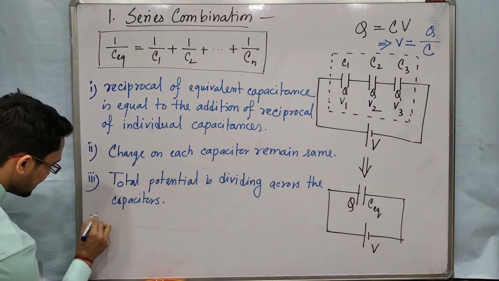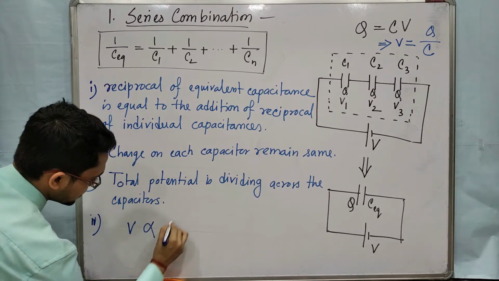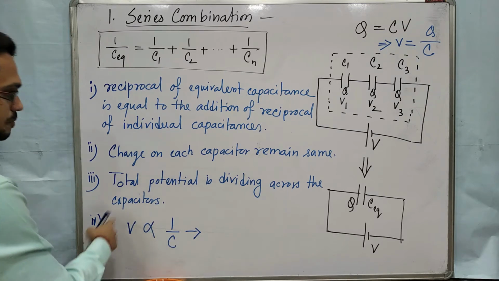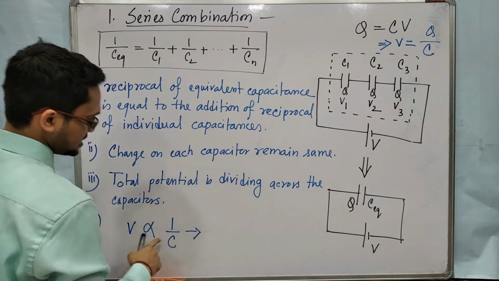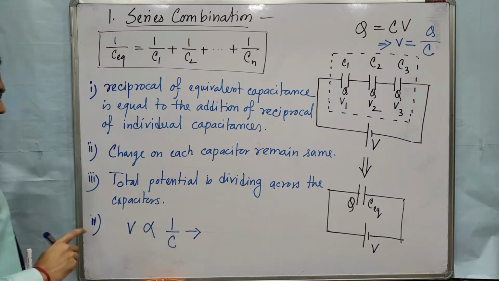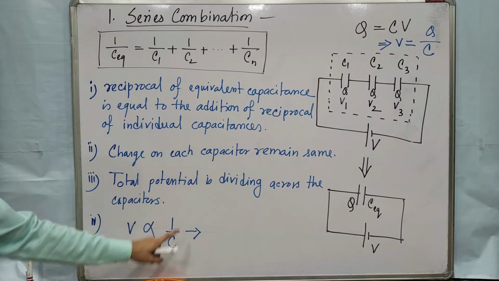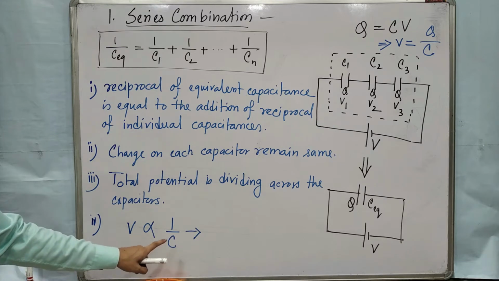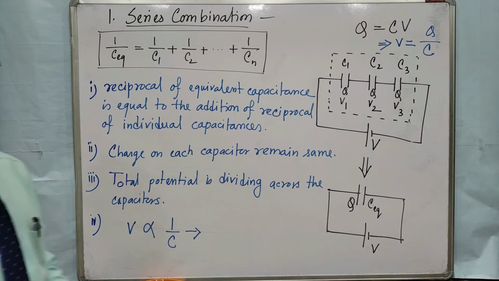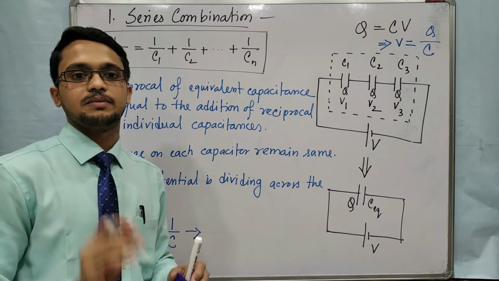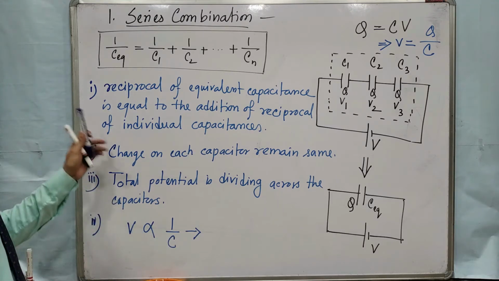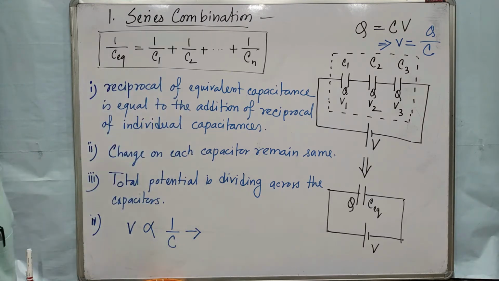Fourth point: V is proportional to 1 by C here, because Q is constant. So the potential across each capacitor is inversely proportional to its respective capacitance. More C means less potential: with more capacitance, the potential across that capacitor will be smaller, while the charge remains constant. These are a few points related to series combination.